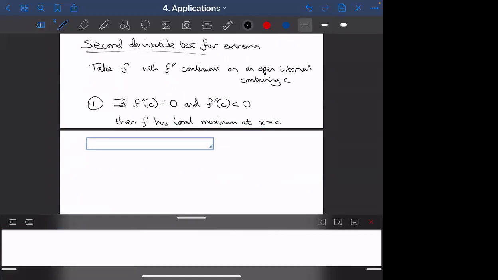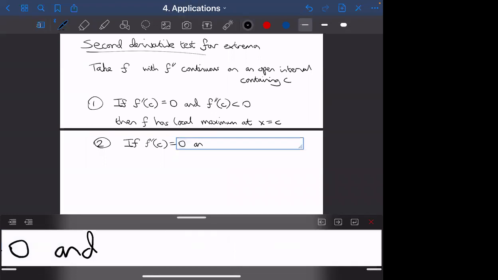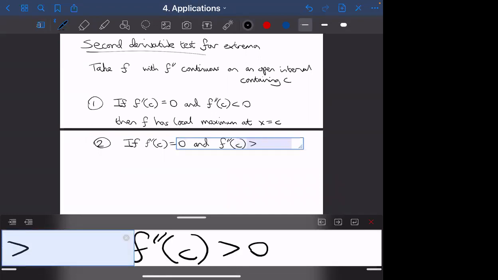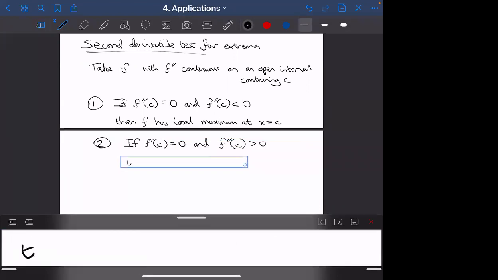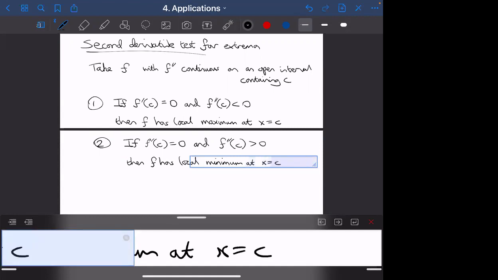And in the same way, if the derivative is equal to 0, but the second derivative is positive, then f has a local minimum at x equals c.